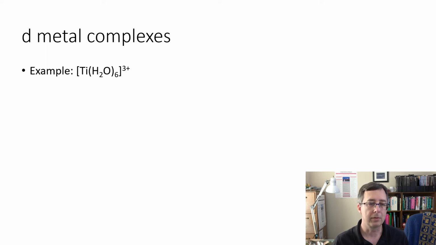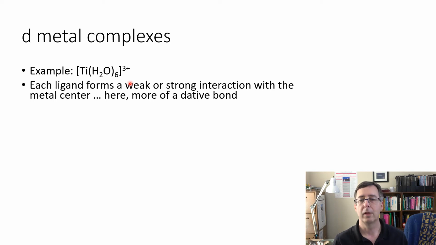So, for example, suppose I have titanium surrounded by 6 waters, and with the entire molecule having a 3+ charge. Well, these ligands in these kind of complexes can form either rather weak interactions with the metal in the middle, or rather strong interactions.